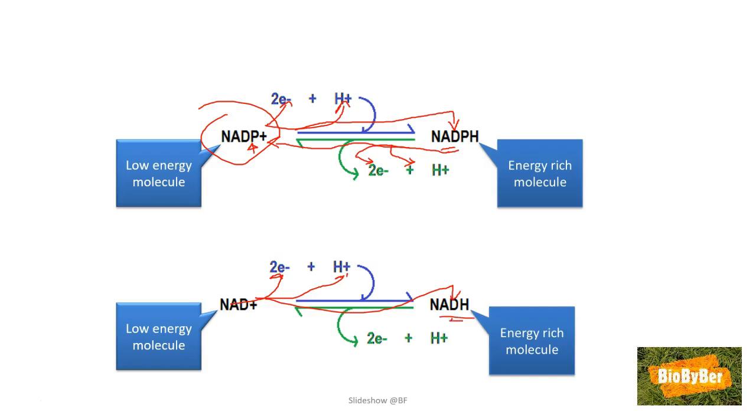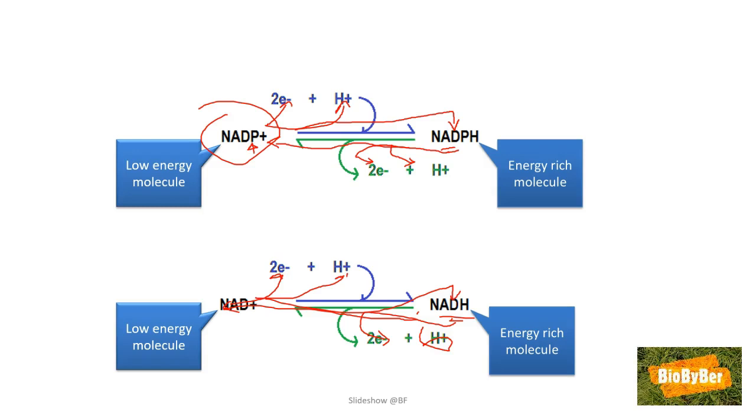And the high energy molecule, NADH, can lose 2 electrons and a proton and be converted into NAD+. This sounds rather complicated. We're particularly interested in NADP+ because we're interested in learning about photosynthesis.